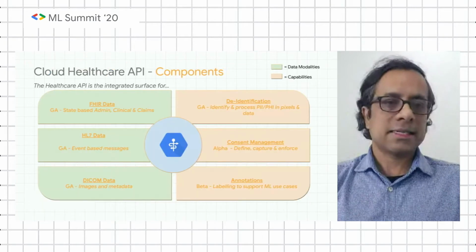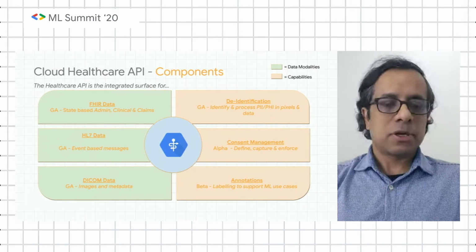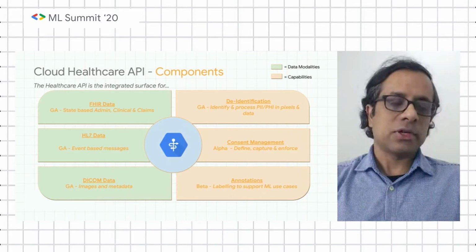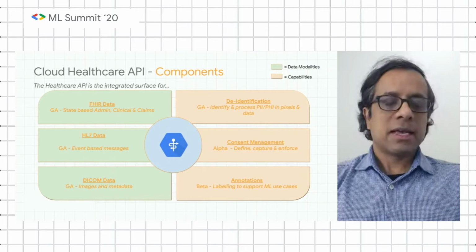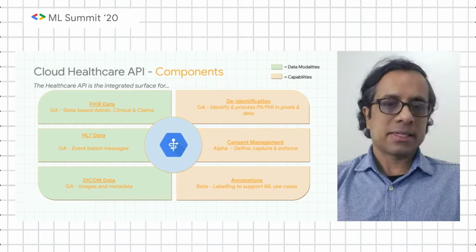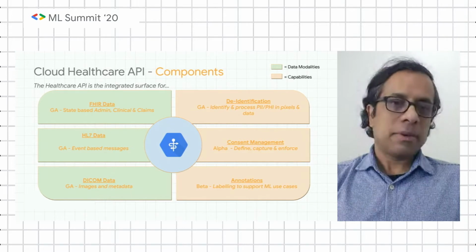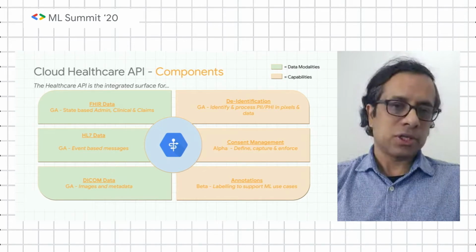Now, all of these things are implemented in Cloud Healthcare API, and we support the latest FHIR format data, but we also support storing data in legacy formats like HL7v2 and others. On top of it, it provides a couple of additional capabilities like data de-identification, which is very important in healthcare because you want to de-identify data in many cases before you give access to your machine learning engineer.